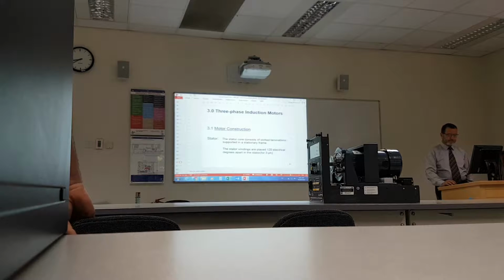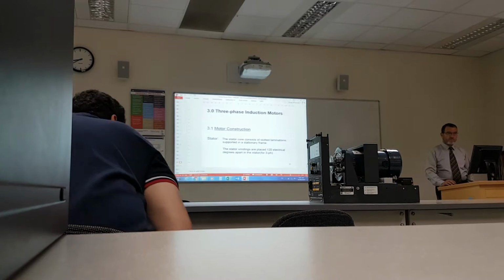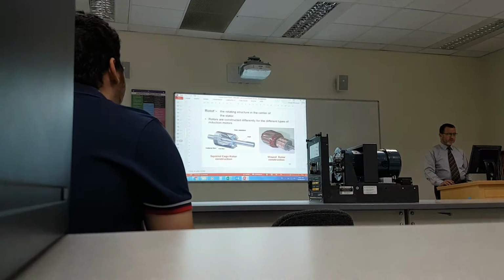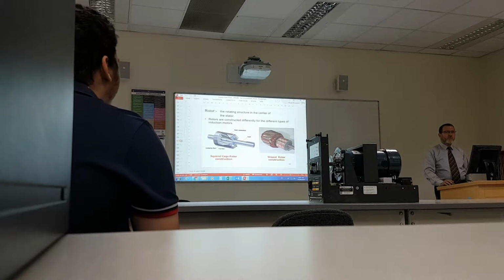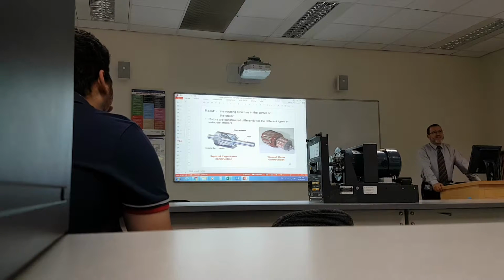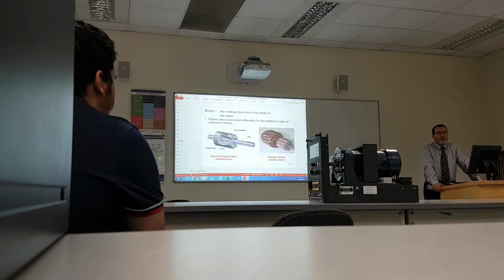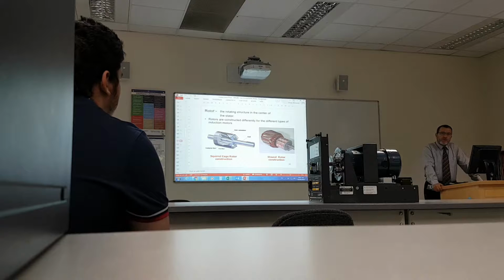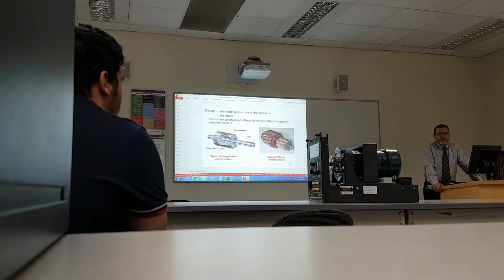So that's one motor. Same as the first DC motor we did? Not the same. Where is the current located? In DC, the armature current is in the rotor.